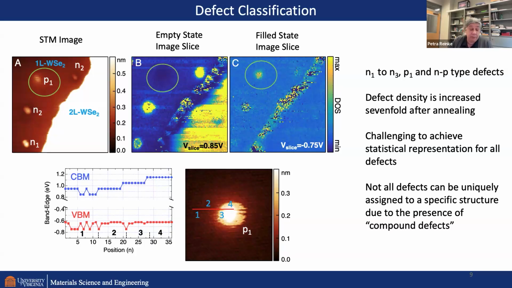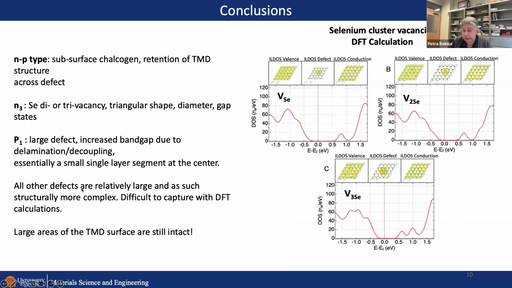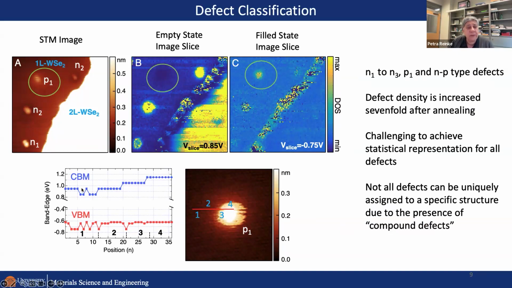Which means, firstly, bizarrely, your band gap gets larger in this case as you approach the defect. That's why I chose it. It's really an unusual case. And you can see here very clearly that because your image slice is at 0.85, at some point as you approach the defect, you actually don't have any more states to contribute to your tunneling. So that's why you have a contrast inversion in your image.